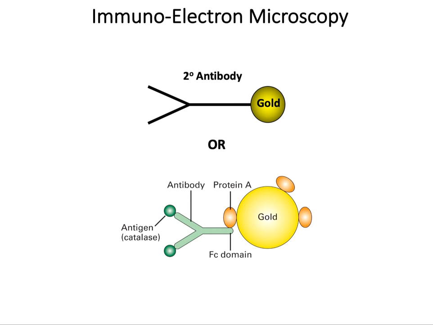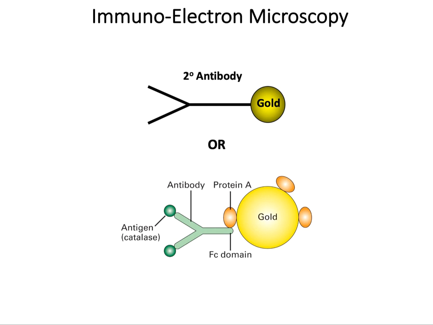Remember, there were variations on fluorescence microscopy known as immunofluorescence microscopy, which relies on an antibody that binds to your protein of interest. There is a similar variation known as immunoelectron microscopy.